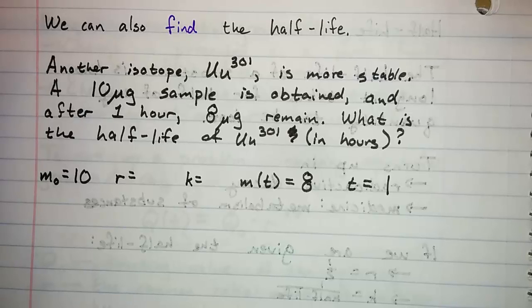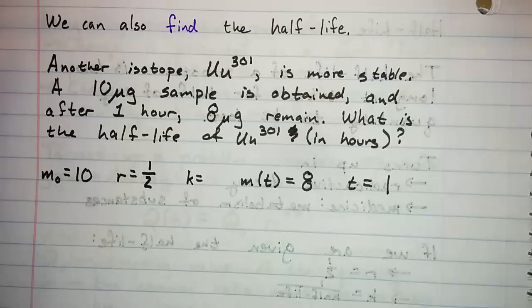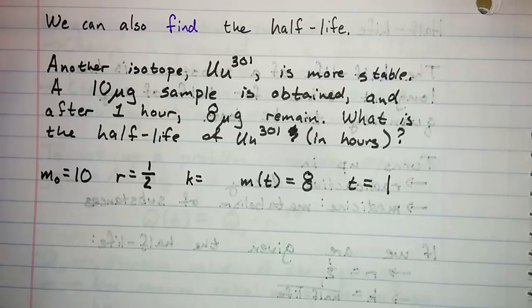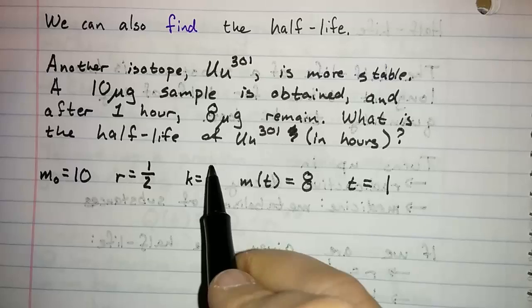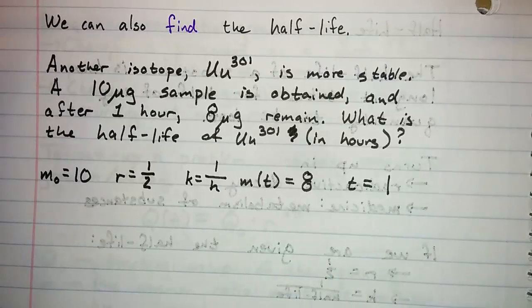We want to find the half-life. So since we're still interested in the half-life, the common ratio is still a half. The thing we don't know is K. Right? K is 1 over the half-life.